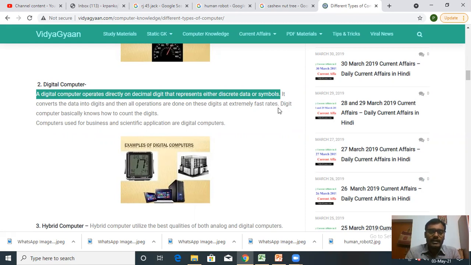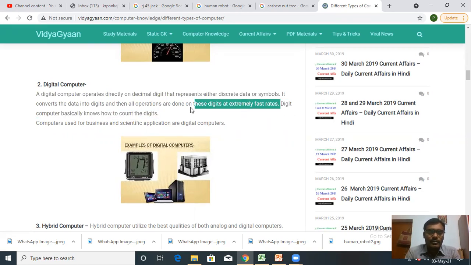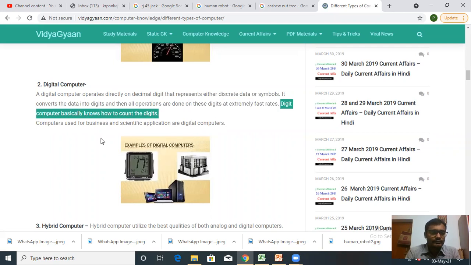Its processing speed is much faster than analog computers. Digital computers basically know how to count the digits, and these computers are basically used for business, scientific applications, etc.